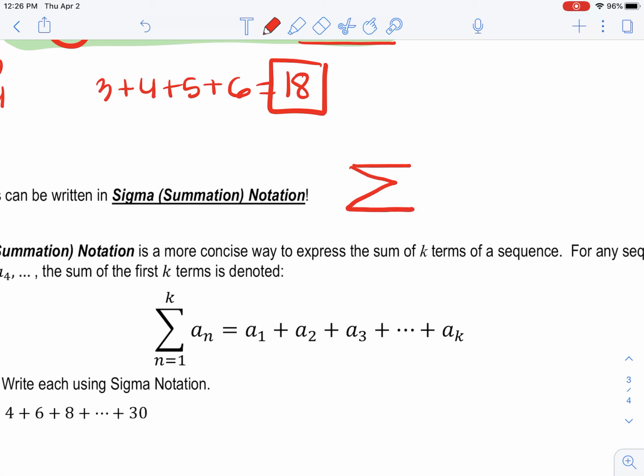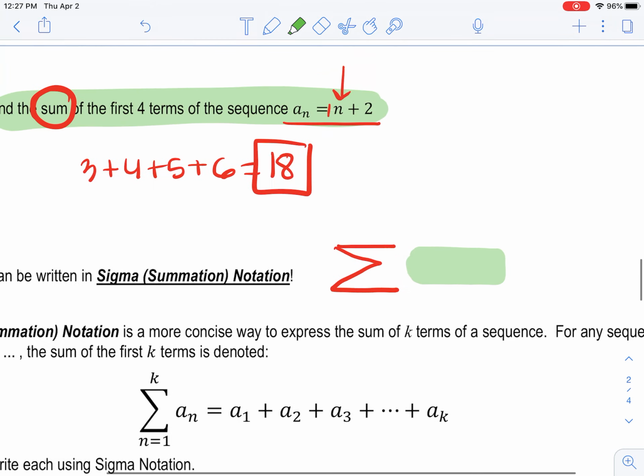It's the Greek letter of the alphabet. Sigma, that's a capital letter. All right, to the right of your sigma goes your expression of what your pattern is following. So this equation was given to us, so that is nothing that we have to actually look for right now, which is n plus 2.